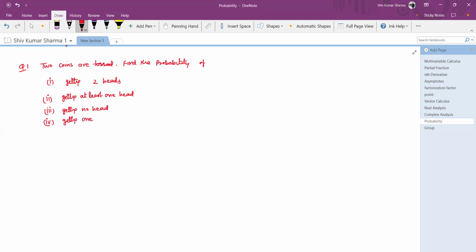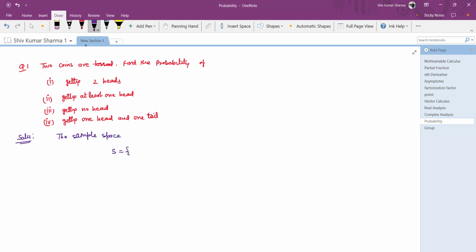So when two coins are tossed, first we write down the sample space. The sample space S contains how many elements?